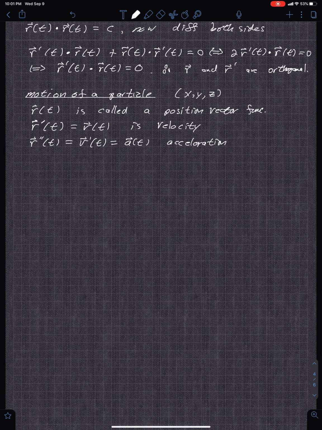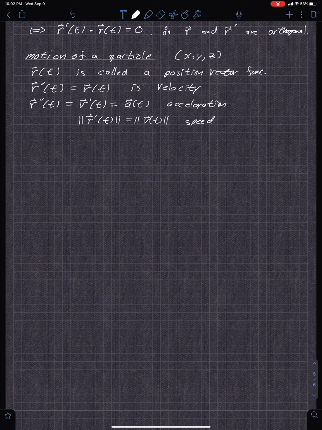Okay, and then if you take the magnitude of r prime of t, which is the magnitude of v of t, that's considered the speed. So let's just look at a simple example here, and that'll wrap up 13.1.